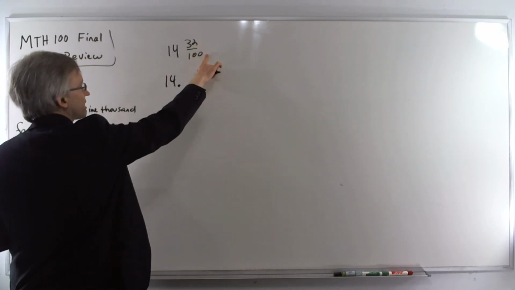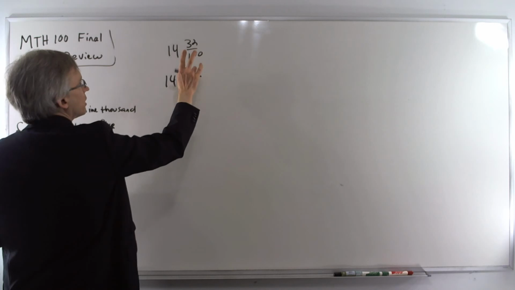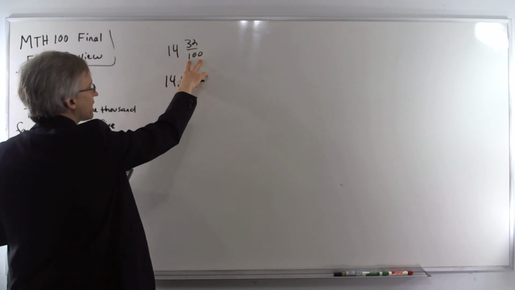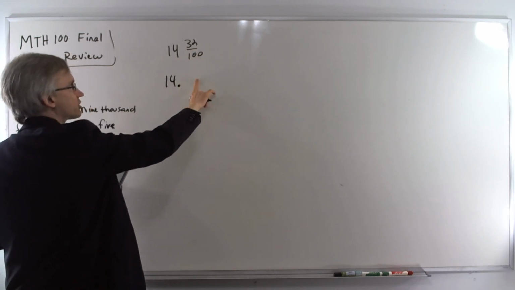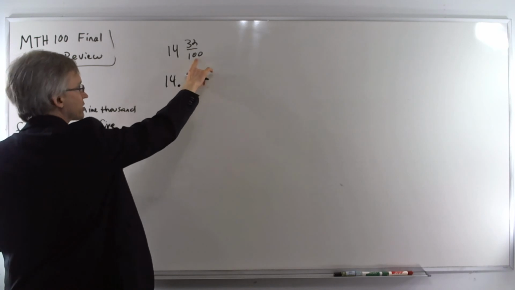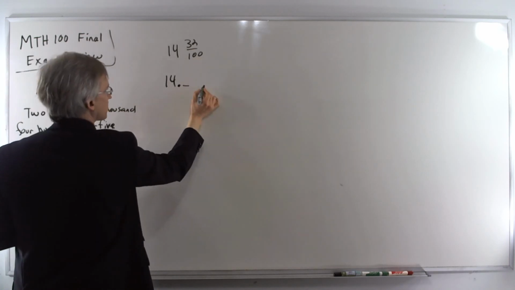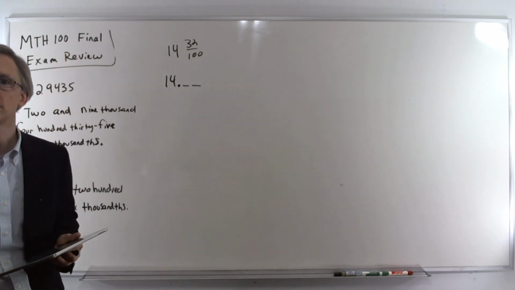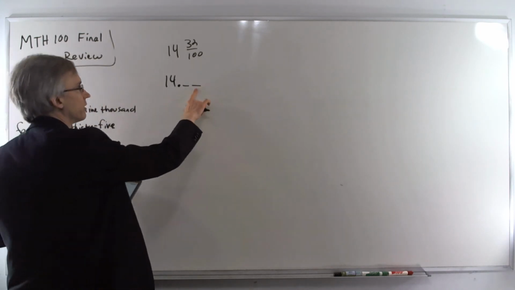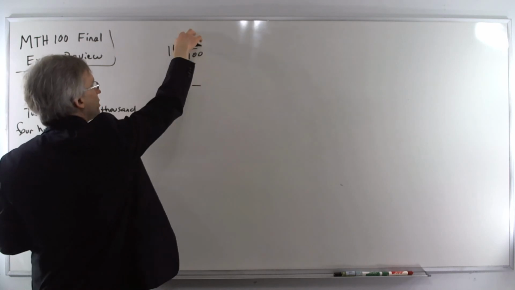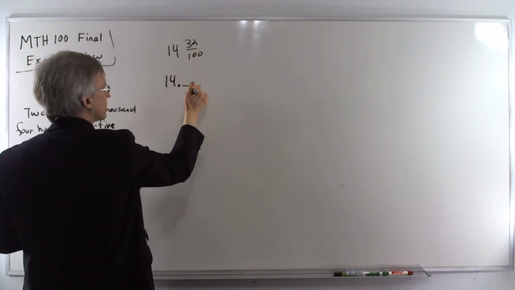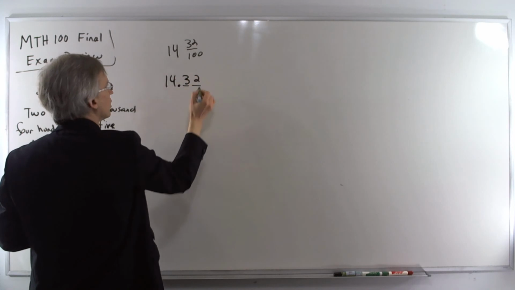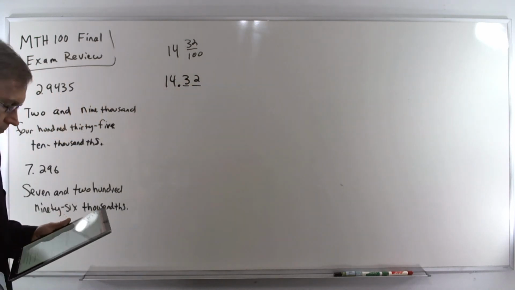Now we want to write this as a decimal. Now, the denominator tells us what the last digit's going to be. That's going to be in the hundredths place. So we got a tenths place and we have a hundredths place. So look to the denominator to show us where that last digit is going to be. Now we write 32 such that the last digit is here. So that is 14.32.